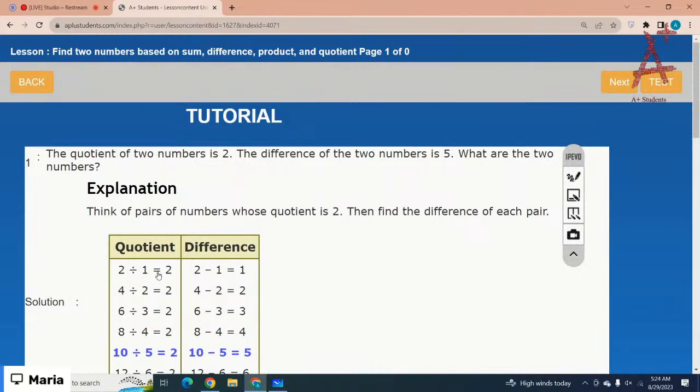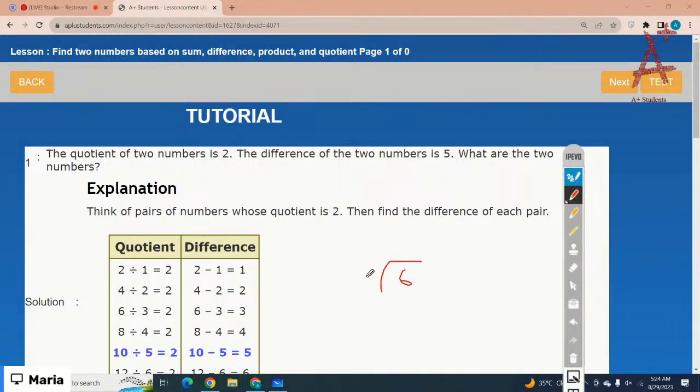Okay, the quotient of two numbers is 2. The difference of two numbers is 5. What are the two numbers? Quotient means when you divide two numbers. For example, you divide 4 over 2, or 6 over 3. 3 times 2 is 6, right? 2 is the quotient. So you have to find two numbers.